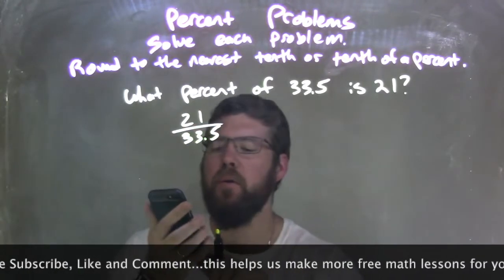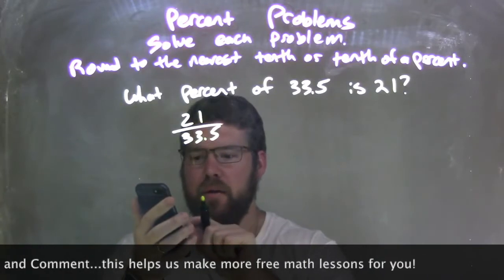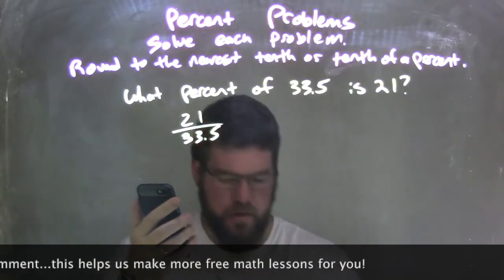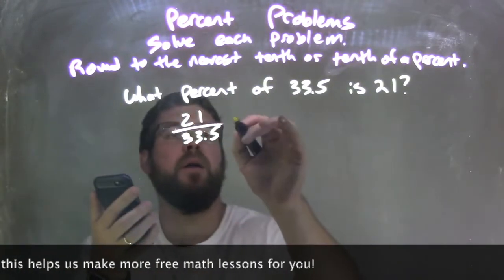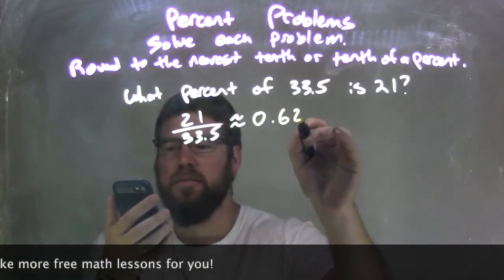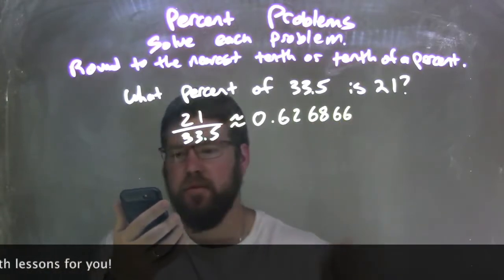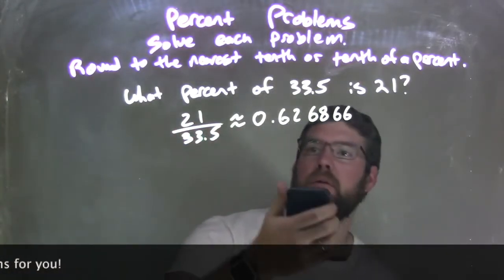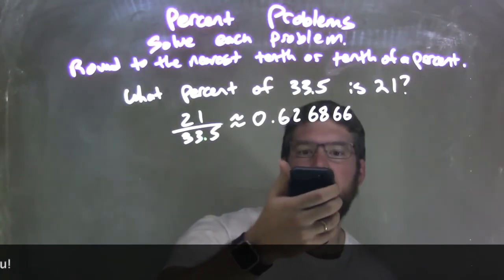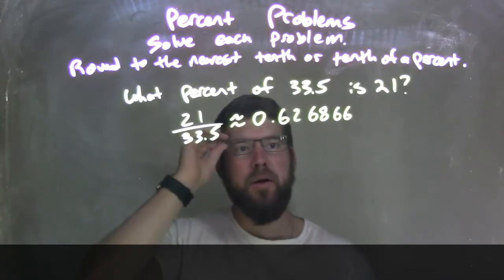Let me use my calculator here. 21 divided by 33.5 comes out to be approximately, I'm going to round here, 0.626866.